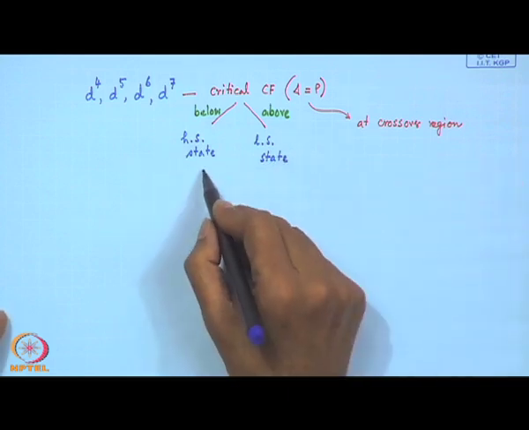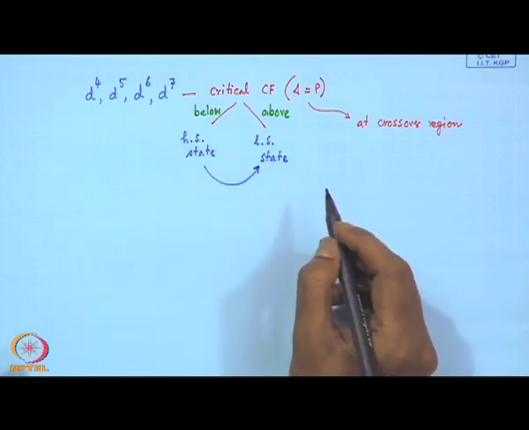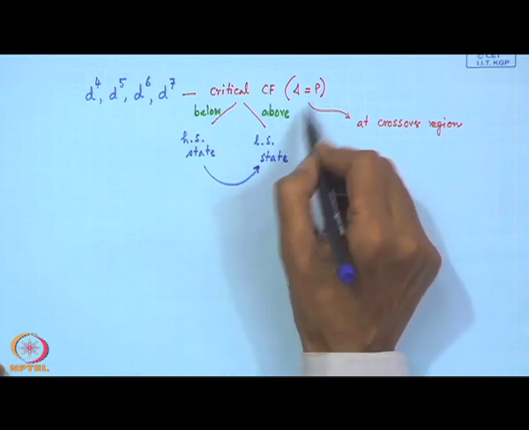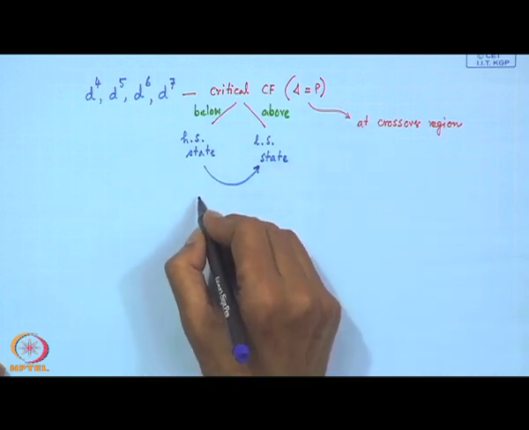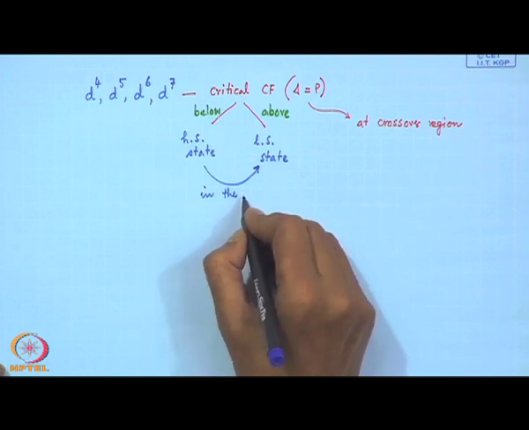So, at this particular point we can have a crossover, and this crossover region can be found where delta is close to P, which is in the range of thermal energy, that means kT.